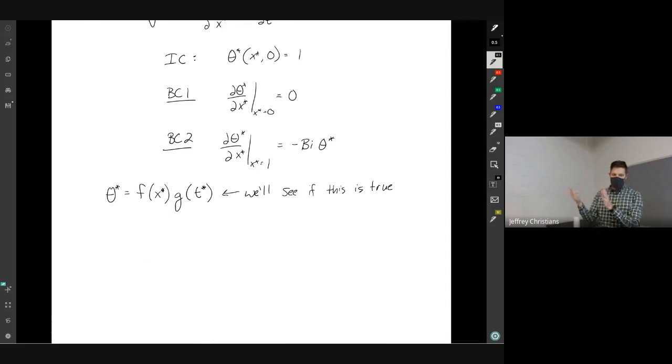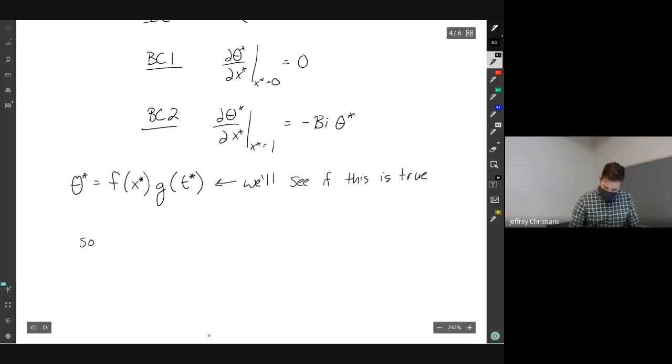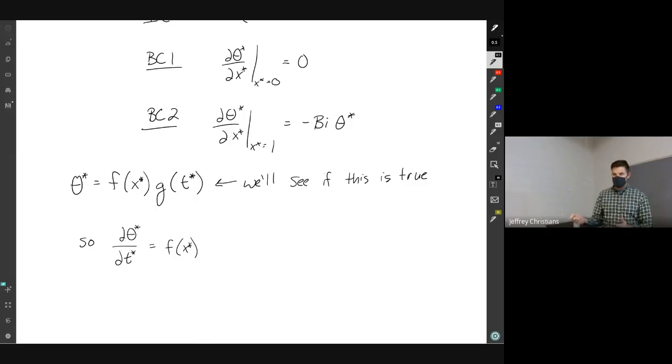So we would then plug that back into our differential equation. We have two parts. So d theta star dt star would be equal to f of x star, because that's constant in t, so we pull that out, times the time derivative of g, so g prime of t star.